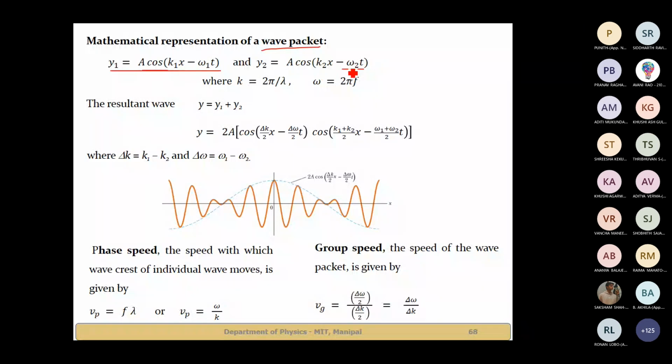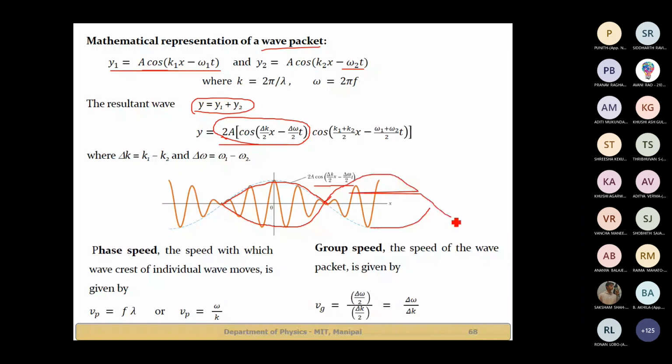Then to find the resultant, you have this equation, and this is the amplitude term of the resultant, and you can see this is the wave packet. This will be the form of the wave packet. The wave packet will be moving. So this is called the wave packet, and I can say that the particle is somewhere localized in this region.